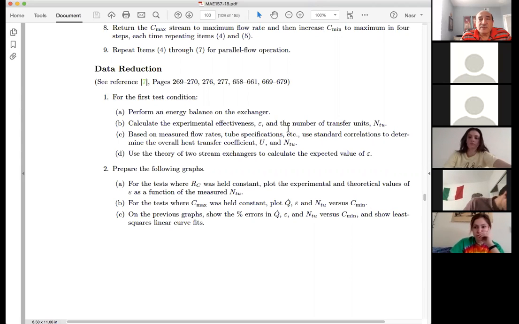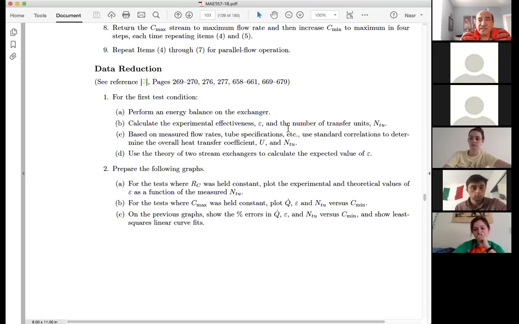And then the second variable is the flow rate, how fast we can flow. It depends on the pumping power and how much power we want to spend on pumping the fluid. So these are the two independent variables. And as a function of these two, we want to plot or show the effectiveness.